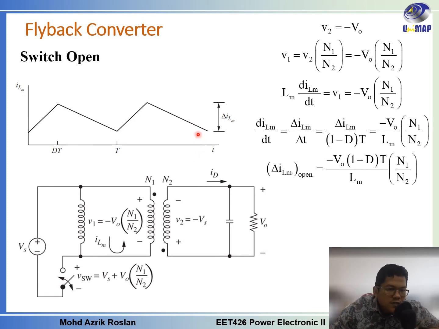Now we will see what happens in the flyback converter when the switch is open and what the related equations are. During the switch open, there will be no current flow through this switch because it is already open, and the current will flow this way in the primary circuit, and in the secondary circuit the current will go like this.